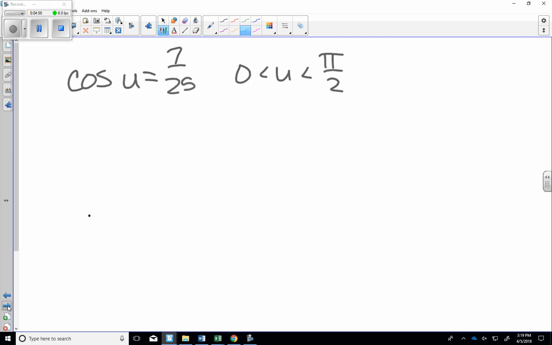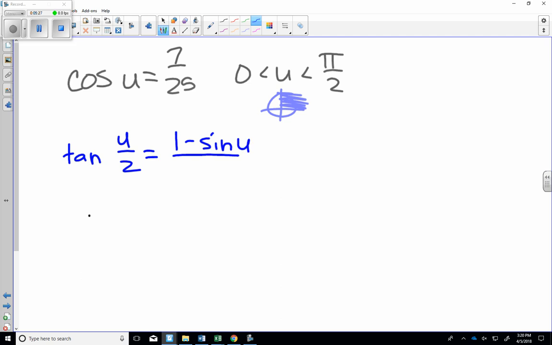Cosine of u is 7/25 and u is here. Same thing. Let's do tangent first. Tangent of u over 2. And we're going to use the one where we have 1 in the numerator. So 1 minus sine u over cosine u. Isn't that it?